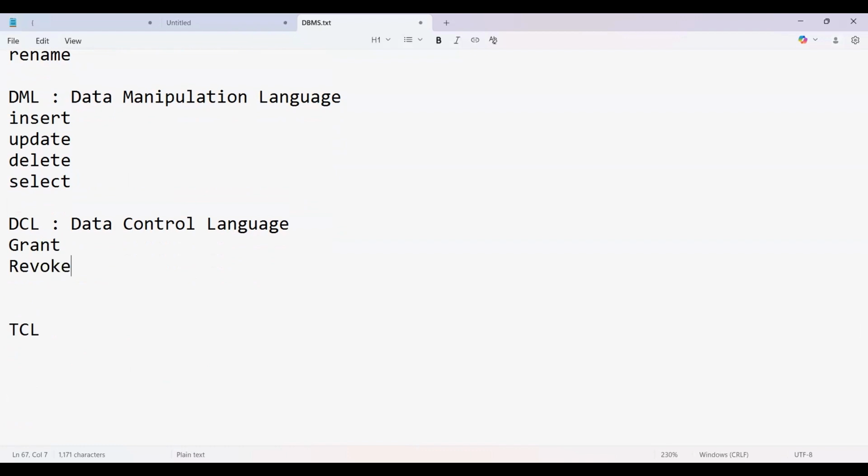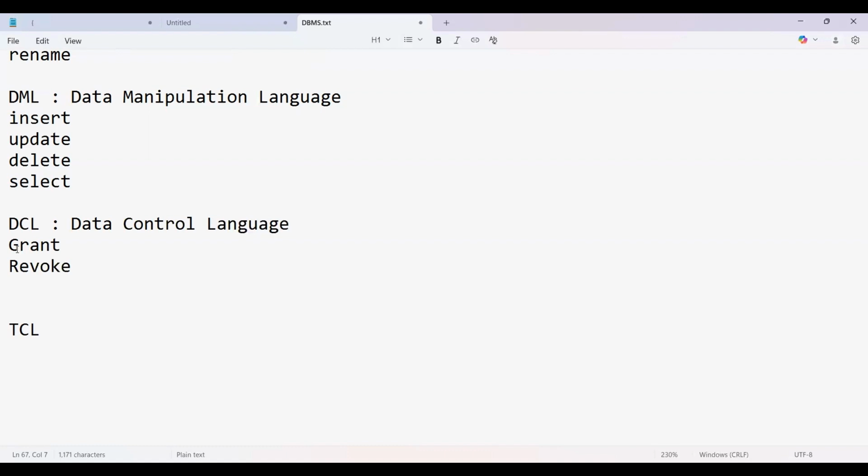Commonly these grant and revoke are mostly used by the database administrators, not developers or analysts, in any organization. If you want to join an organization, you have to be granted permission to access the database. You have to give permissions on your ID to access any particular database.